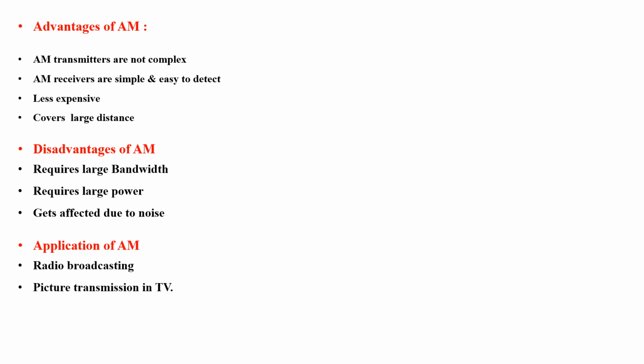Disadvantages of AM are that it requires large bandwidth, hence large power is required, and due to high power it is affected by noise. AM applications are used in radio broadcasting and picture transmission in television.